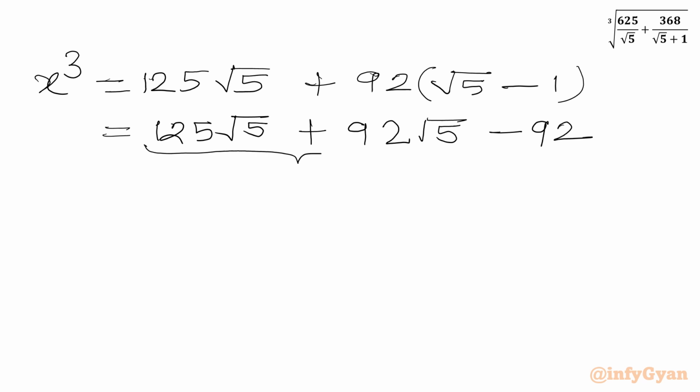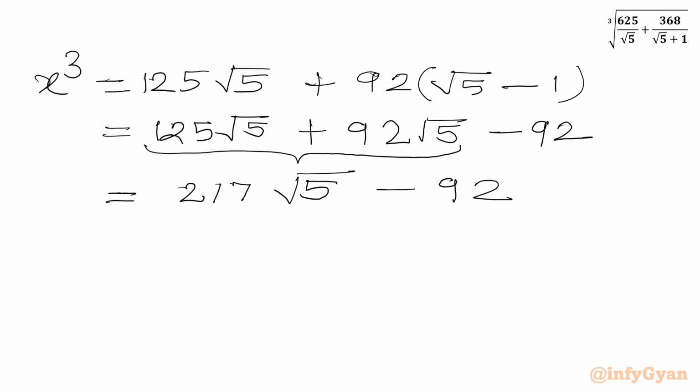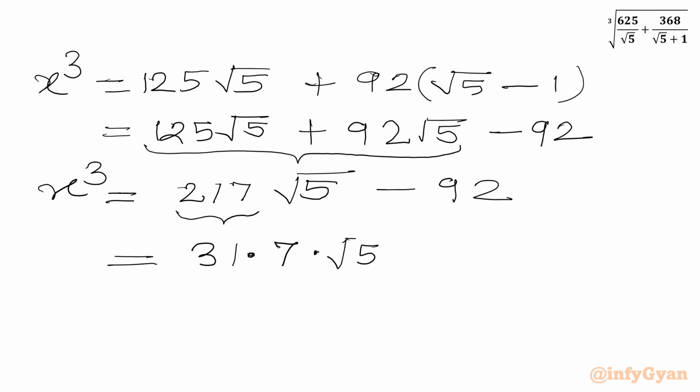Now we will add these two like terms, which will give us 217 square root 5 minus 92. Now we can factor 217. We can write 31 times 7. Then we have square root 5. Then we have minus 92.